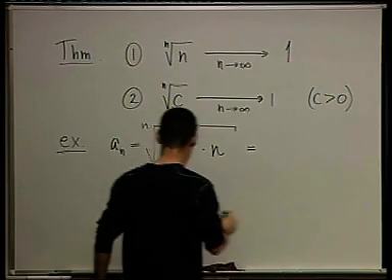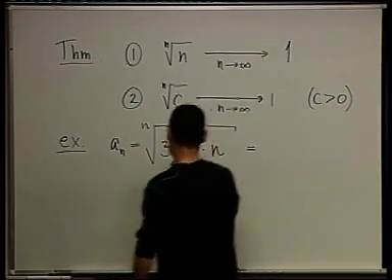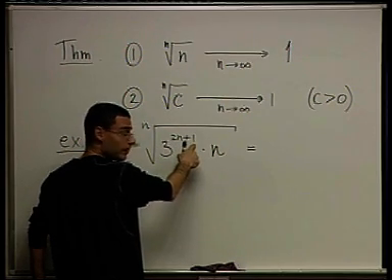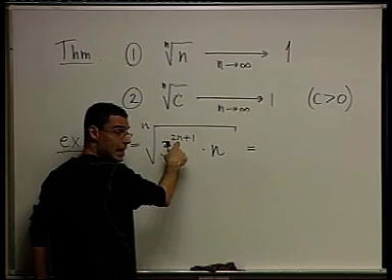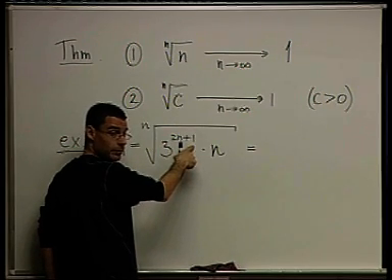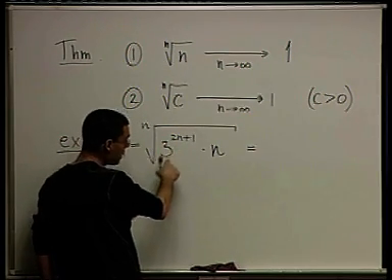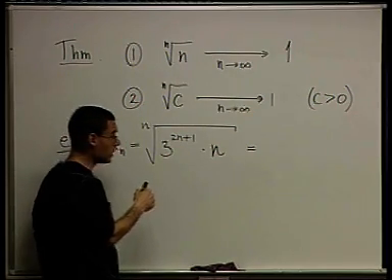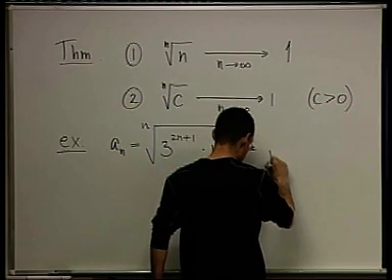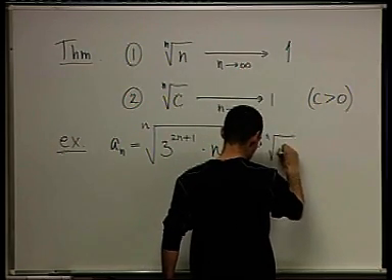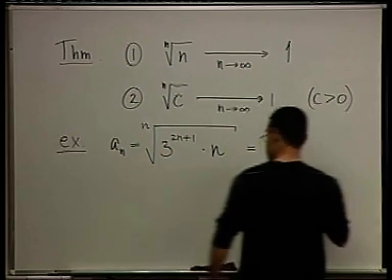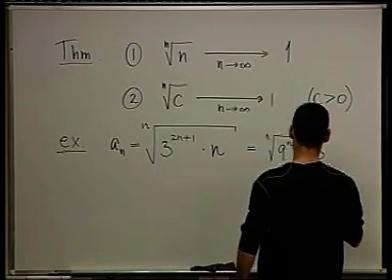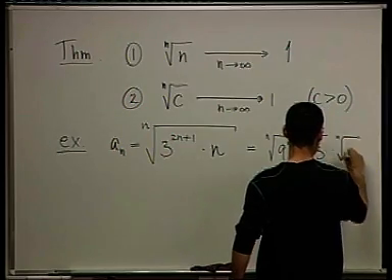Well, you can rewrite it. 3 to the power 2n plus 1 is 3 to the power 2n times 3 to the power 1. Do you agree? And 3 to the power 2n is the same as 9 to the power n. So do you agree that I can rewrite this as the nth root of 9 to the power n times the nth root of 3 times the nth root of n?